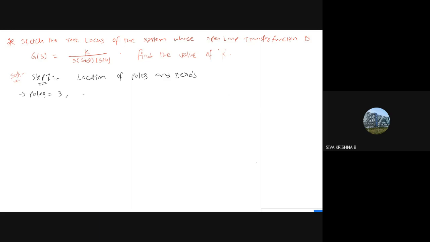So the poles are P1 equals 0, P2 equals -2, P3 equals -4. Are there any zeros? No zeros. Okay, location of poles is done.